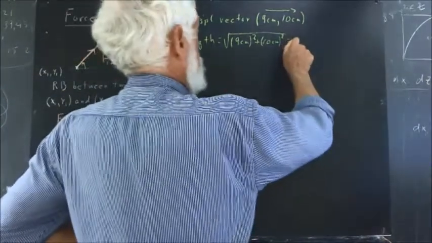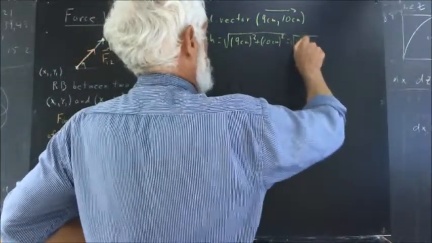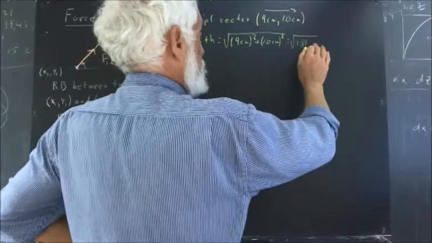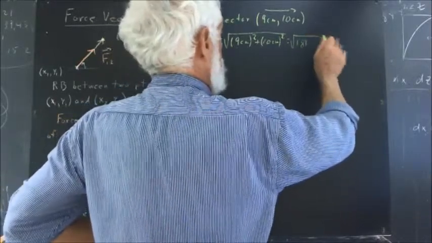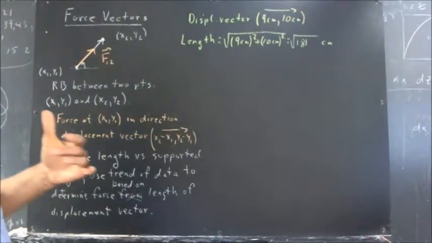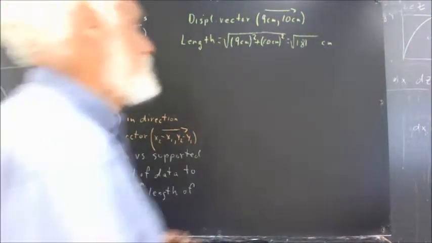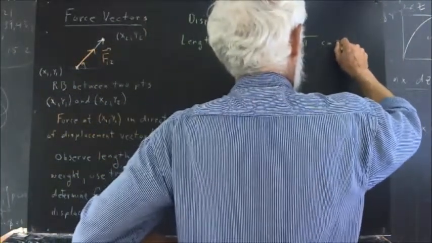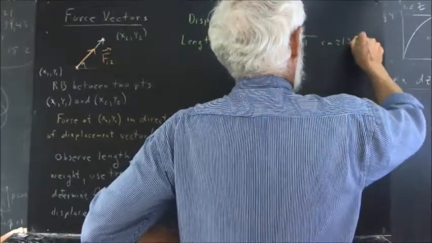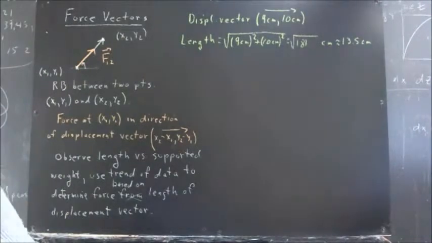And that's equal to the square root of 181 centimeters squared. But when I take the square root of centimeters squared, I get centimeters. And the square root of 181 is roughly, give or take a tenth, 13.5 centimeters.